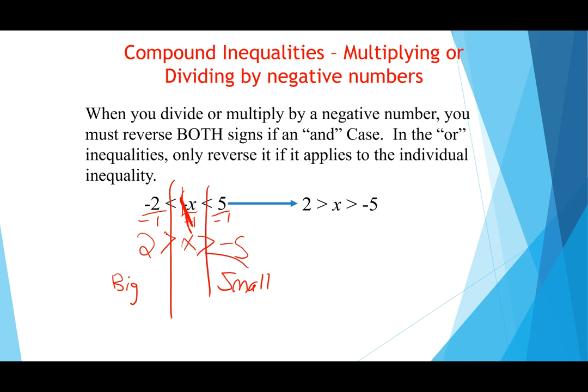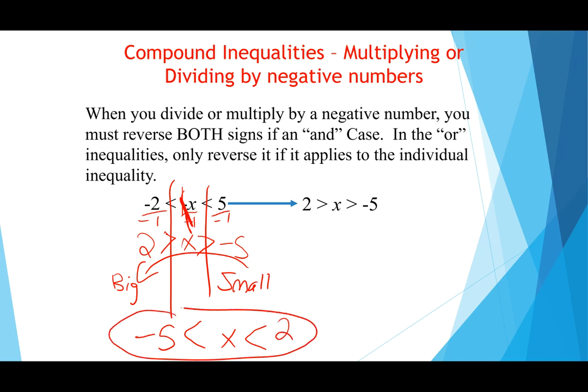So what we can do is just flip-flop this whole thing. We would have -5 be the smallest number on this side, put our signs back the right way, and have 2 be the big number on the right side. So now this is the exact same thing as this, except it's basically just reversed.